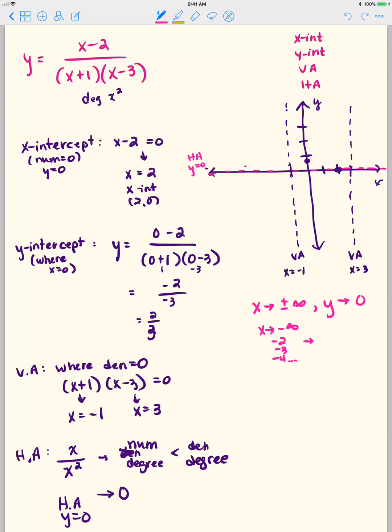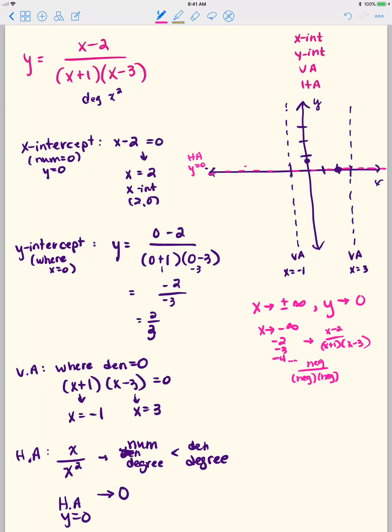So if we look at our function, it's x minus 2 over x plus 1 times x minus 3. If I plug in negative values to the top, -2 minus 2, -3 minus 2, the top's going to be negative. And if I plug those same negative values in the bottom, -2 plus 1, -3 plus 1, that left quantity is going to stay negative, and that right quantity is going to stay negative.